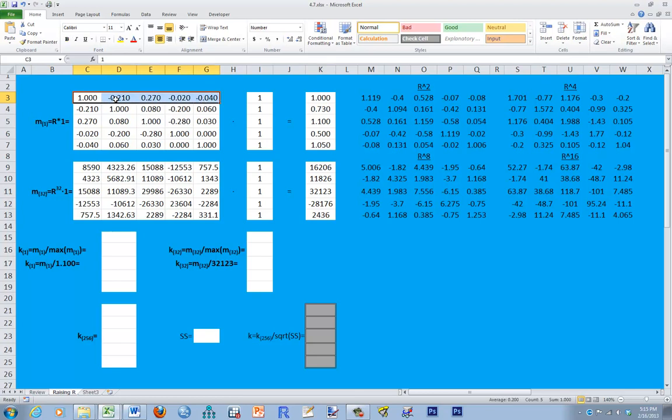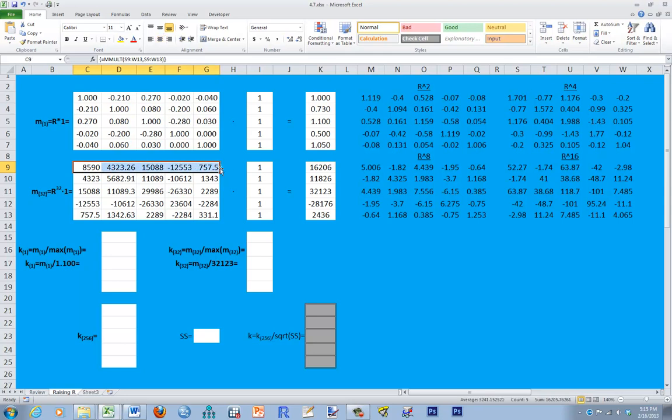If you add these together, 1 minus 0.21 plus 0.27, so we're at 0.06, minus 0.02, we're at 0.04, and then minus 0.04. Sorry, we're back at 1 here. I said that wrong. But if you add that up, it equals 1, you can see that there.